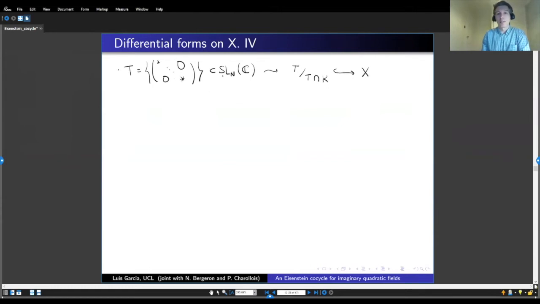Just from the embedding of T into SLNC, you obtain an embedding of T mod T intersection the maximal compact SUN inside X. And this is a manifold of real dimension n-1.